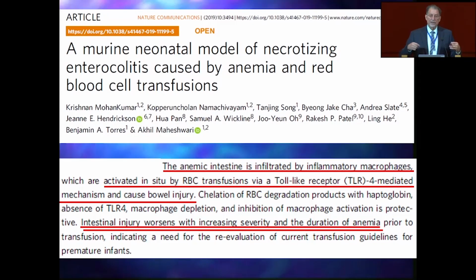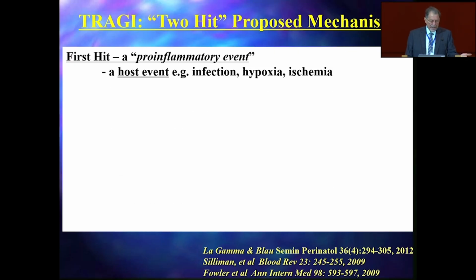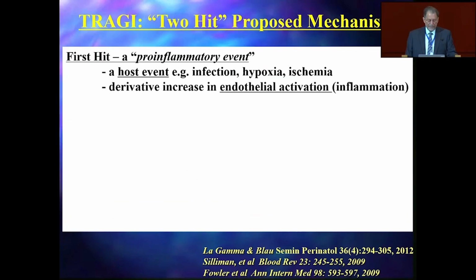So both the Patel paper and the Singh paper and the argument that we were making made sense, in that the anemia itself creates this increased level of inflammation in the gut that was just exposed to bacteria, et cetera, and that on top of that, there are some factors from the transfusion itself and/or anemia that change things. So we postulated that, like TRALI in the adult, you had a two-hit hypothesis.